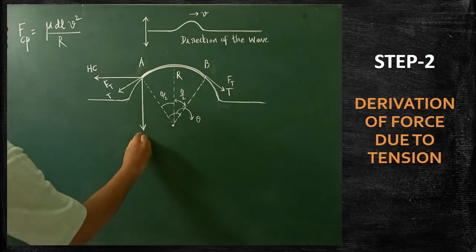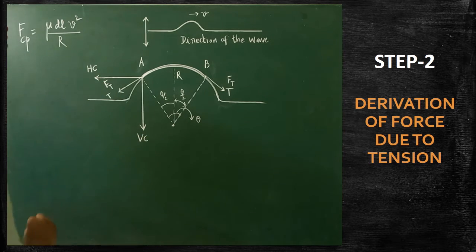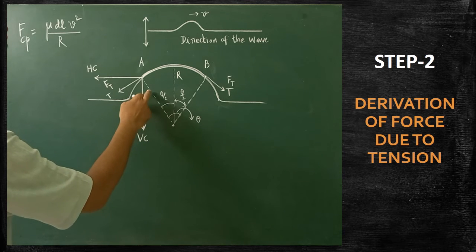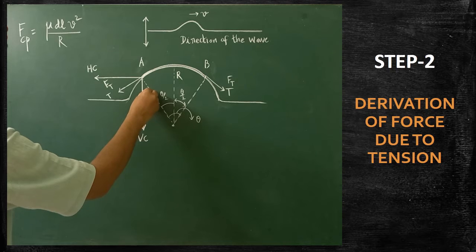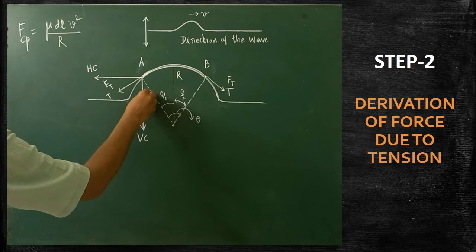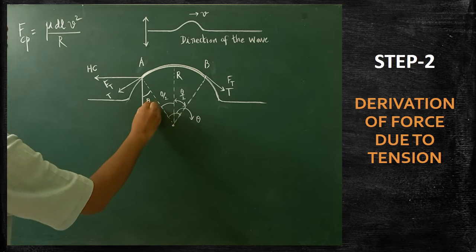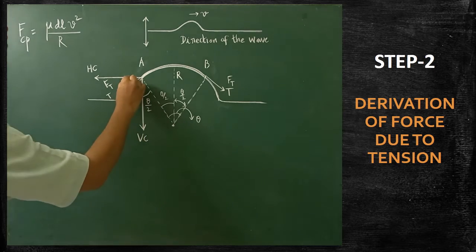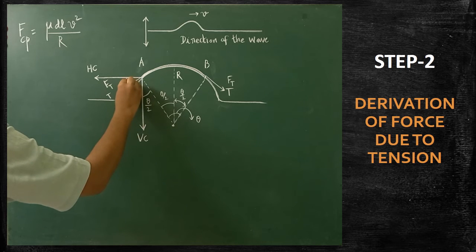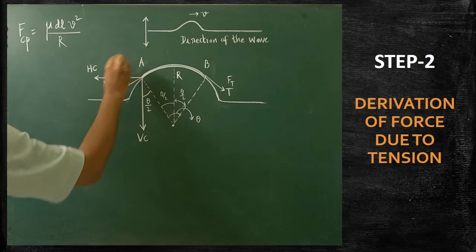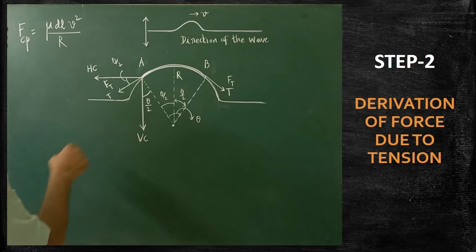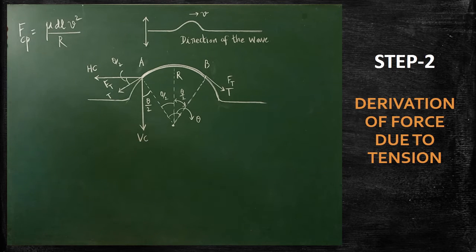This is the vertical component. Make a note. Here theta by 2 is there, and here also the same theta by 2 will be there. Make a note: alternate angles are equal. So this is the horizontal component of the force due to tension, and this is the vertical component.